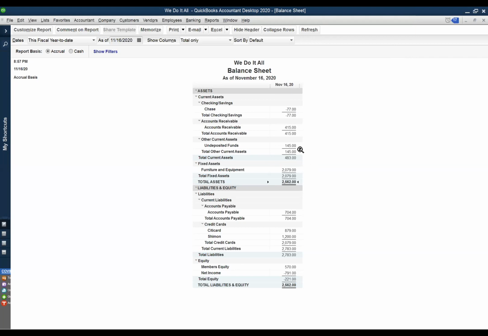You have 220 in your undeposited funds. You have 490 in your accounts receivable. Where do you have 75 extra? It's very hard to see both screens together. Let me just see.